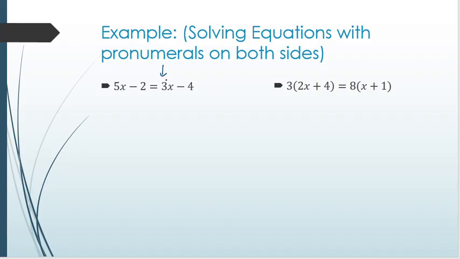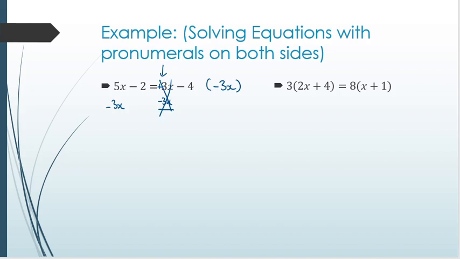With my 3 here, I don't see a negative sign, so I can assume that this is a plus 3x. Hence, the inverse operation I shall apply is minus 3x. So when I apply minus 3x to both sides of the equation, I am typically left with 5x minus 3x. I'll write this a bit neater: minus 3x like that, minus 3x like that.